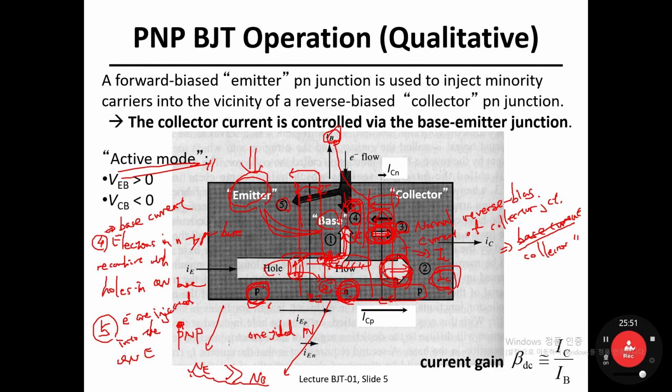So beyond the depletion layer, the electrons in the N side can be injected into the P side because the emitter to base junction is forward biased. Okay, all right. So number 5 gives us part of the emitter current. So this would affect the emitter current.